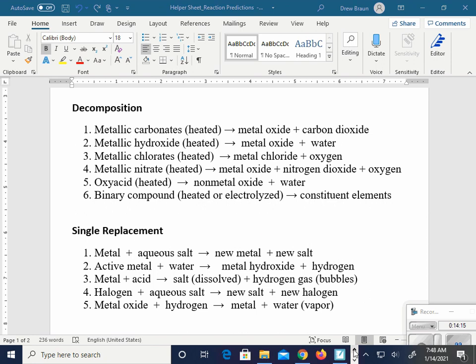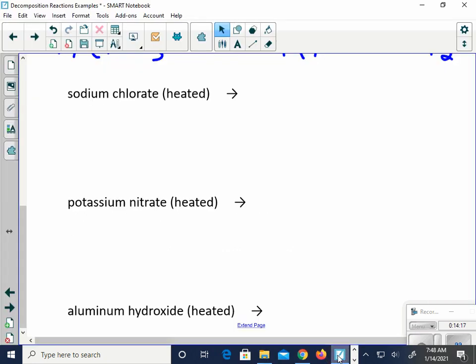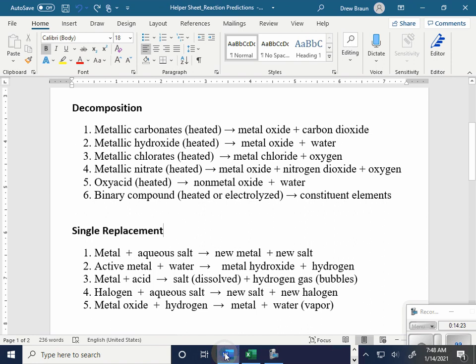Well, let's go back here. It is what? 3. So this is a decomposition number 3. A metallic chlorate, when it's heated, will give me a metallic chloride and oxygen.